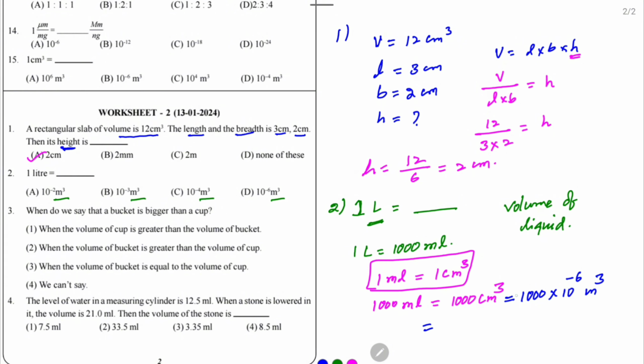So 1000 can be written as 10 power 3 times 10 to the power minus 6 meter cube. You can solve this very easily: 10 to the power 3 minus 6 gives you 10 to the power minus 3 meter cube. This is your answer. Hope you also got the same answer. So the option is B.